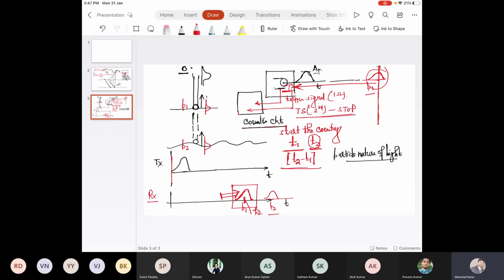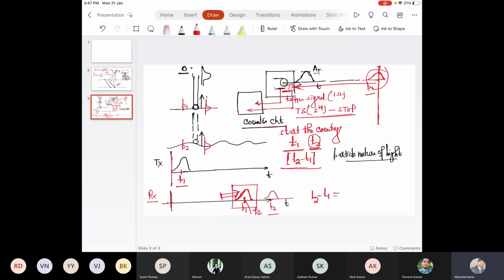At time T2, this shape of the echo is received at the receiver, and at time T1, the trigger signal is generated by the laser source through the transmitter. So using this timing diagram, we can calculate T2 minus T1.